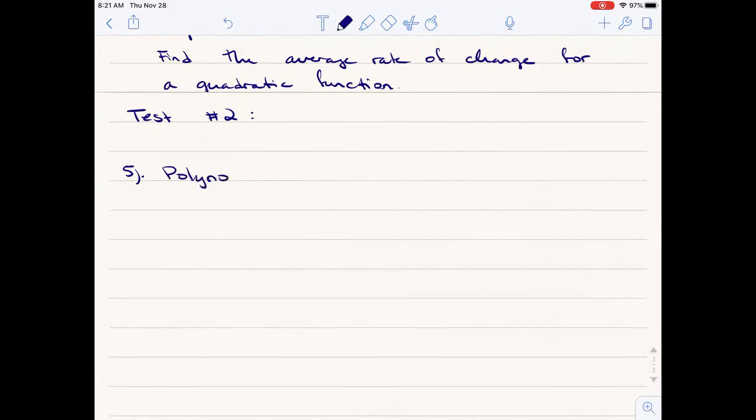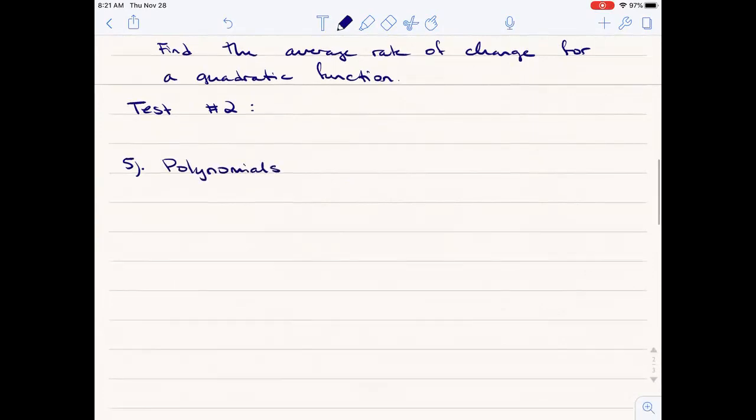We did talk about polynomials. We talked about their graphs, right? Not exactly what they look like in general, but we did talk about their end behavior. And so we talked about polynomials in general, what's the leading term, the degree, the leading coefficient, and those are all kind of breezy.